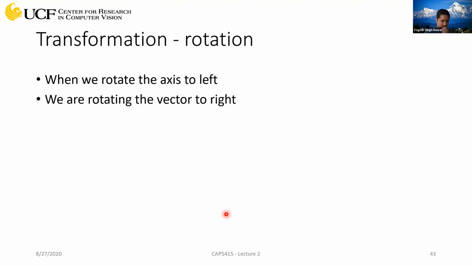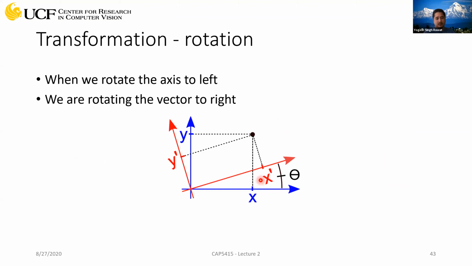If you look at it carefully, if you're rotating your axis towards left, then you are actually rotating your point towards right when you represent that point on the new x prime and y prime coordinate axis, right? Because this point was x, y in the original xy coordinate, the blue one.